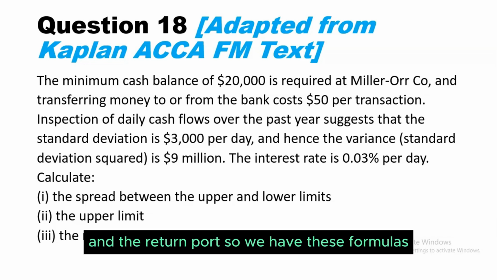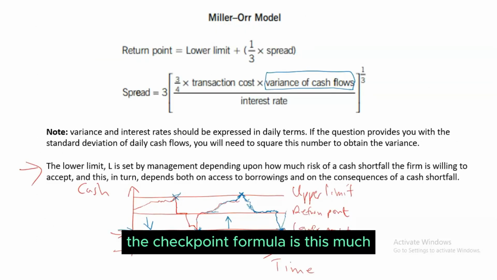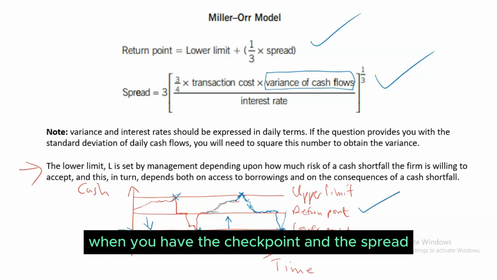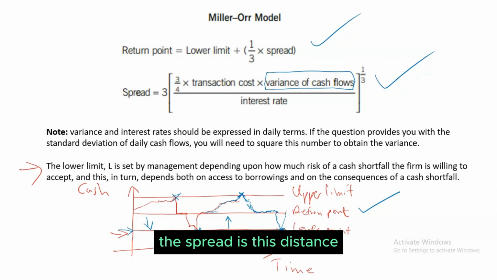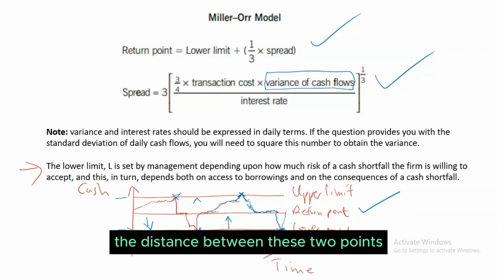Calculate the spread between the upper and lower limits, the upper limit, and the return point. So we have these formulas, ladies and gentlemen. The return point formula is this much and the spread is that much. So now when you have the return point, the spread is this distance, the distance between these two points.